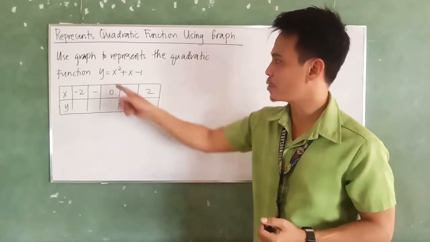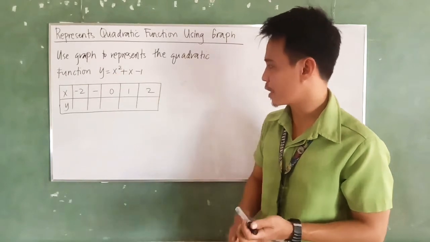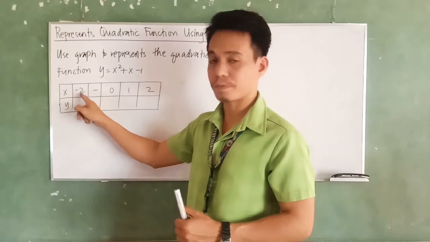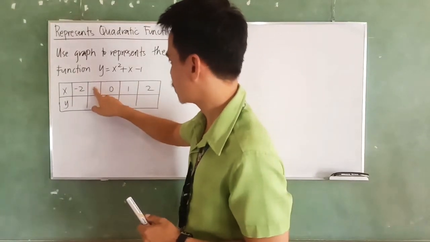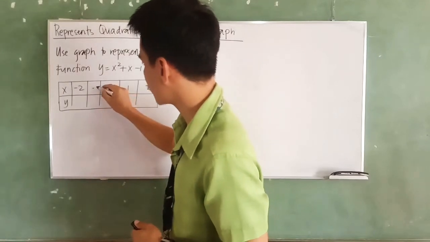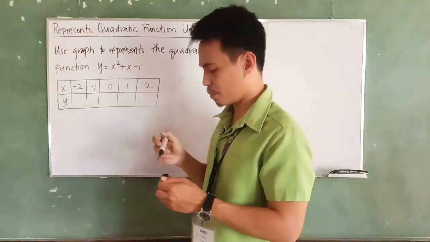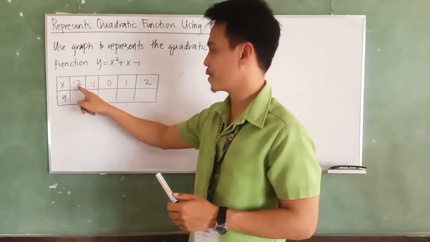Okay? So, therefore, using the original formula, so let's try to use and substitute your values of your x. So, your negative 2, and this is negative 1, 0, positive 1, and 2. So, let's try to use first negative 2.